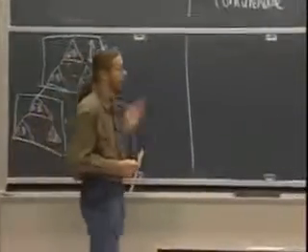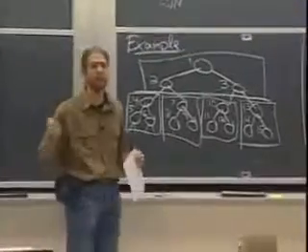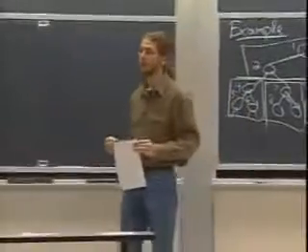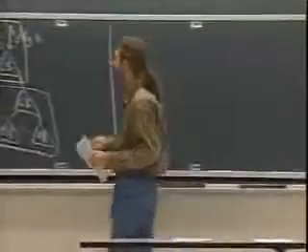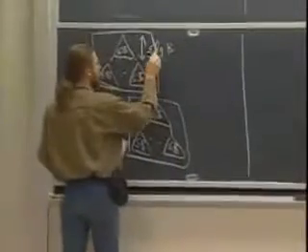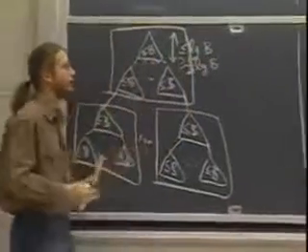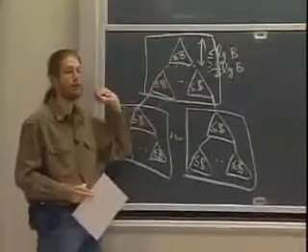So how small could the height be? If I keep dividing in half and stopping when it's at most log b, it's at least a half log b. Therefore, the number of nodes in here could be between square root of b and b. So this could be a lot smaller, less than a constant fraction of a block.